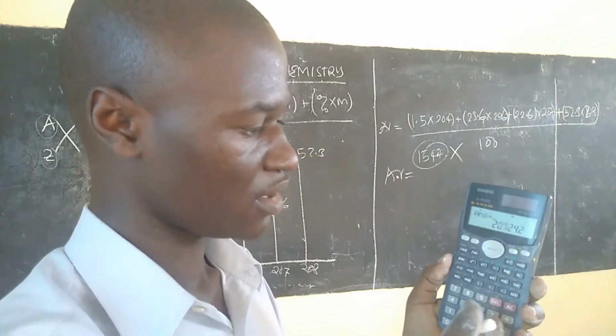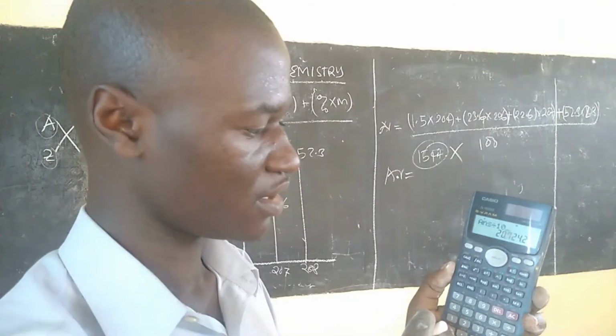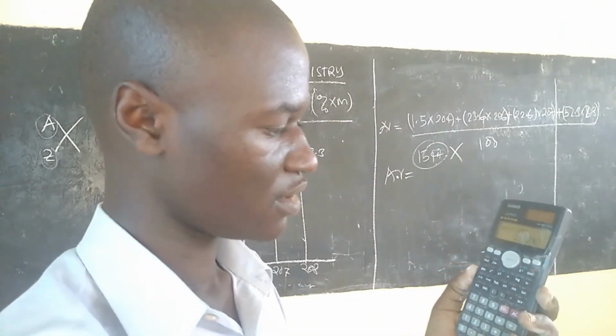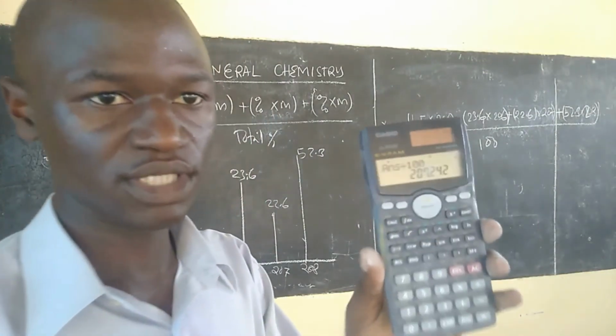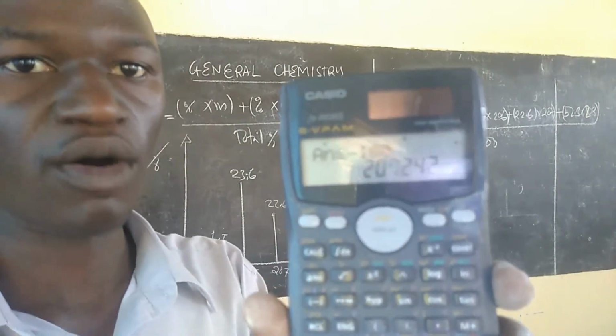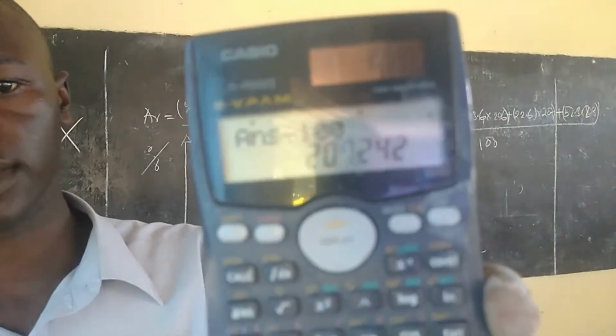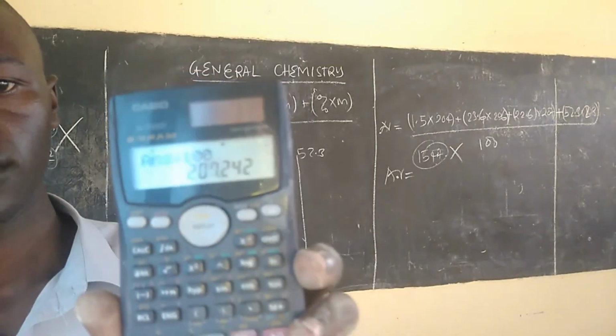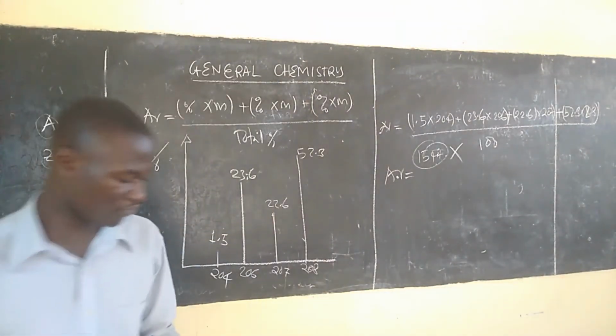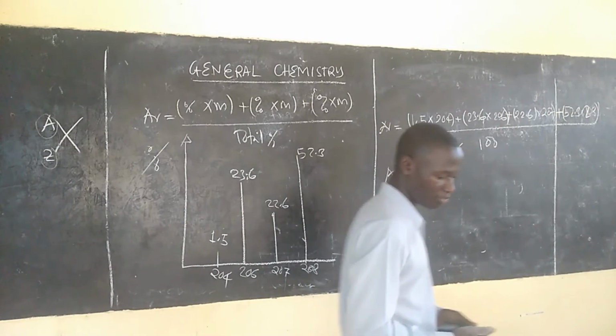Tupata hiyo hapo. Then tukidivide kwa 100. Okay. Now this is our correct final answer, relative atomic mass of lead ni hiyo hapo.